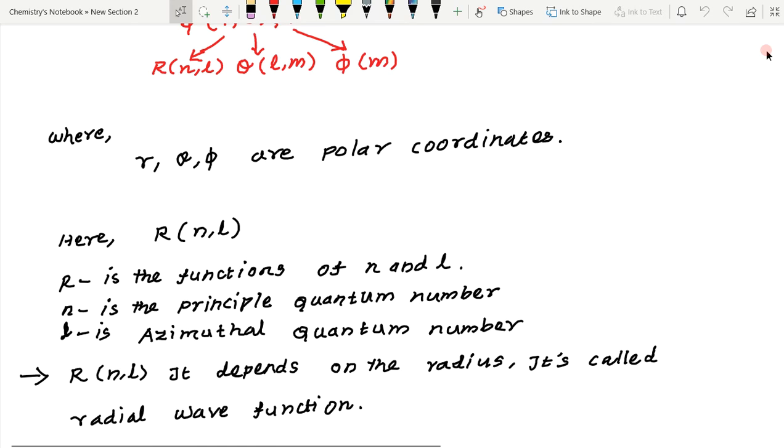Here R n l is a function of n and l. n is the principal quantum number, l is the azimuthal quantum number.